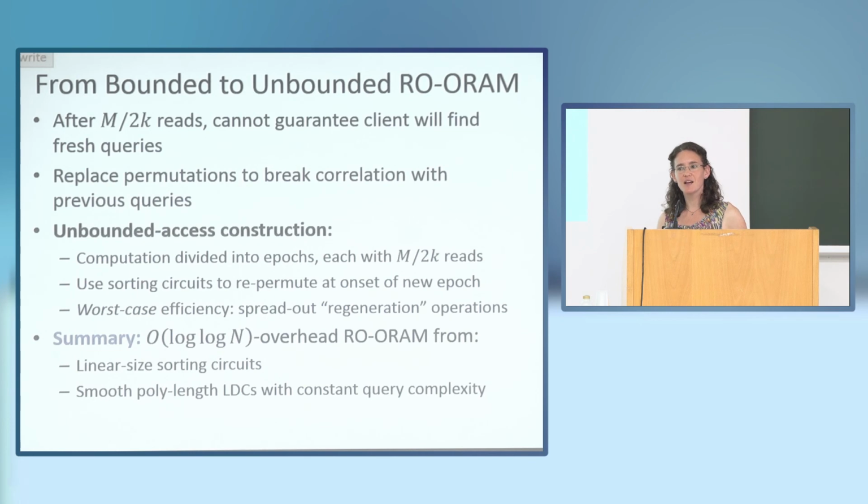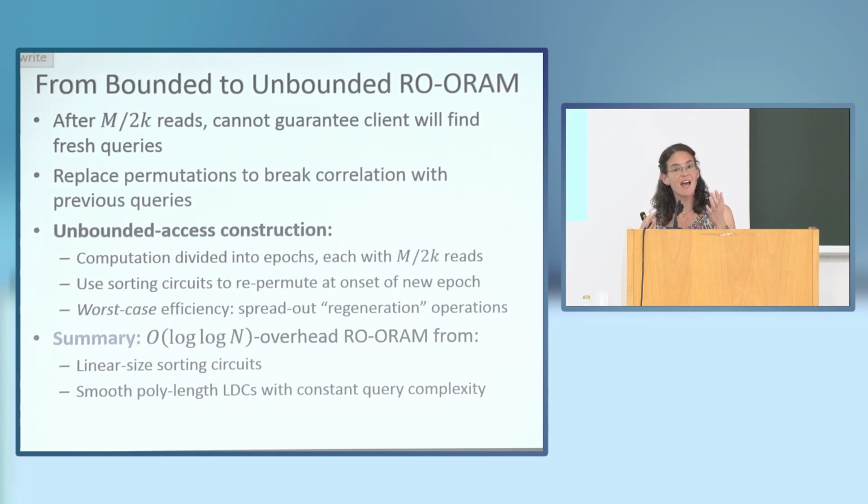So basically, the idea of supporting writes on top of the read-only ORAM is to use a hierarchical structure, but instead of using a hash table in each level, we're going to use a read-only ORAM scheme. And there are two differences from hierarchical ORAM. So one is, every time you perform an operation, you're accessing each level. If you want little o of log n overhead, you have to squish the levels into less than log n many levels, which means the ratio between consecutive levels is larger, which means you get higher overhead.